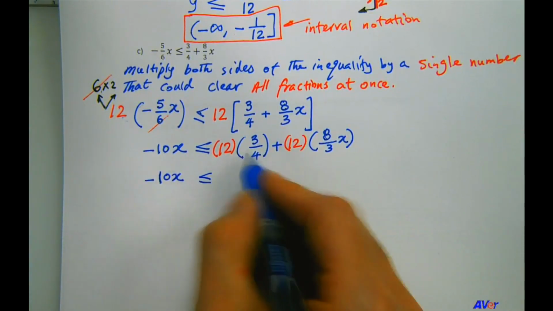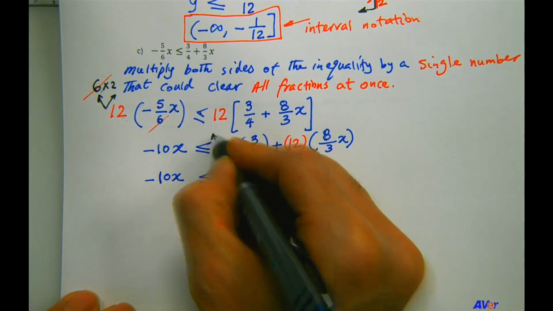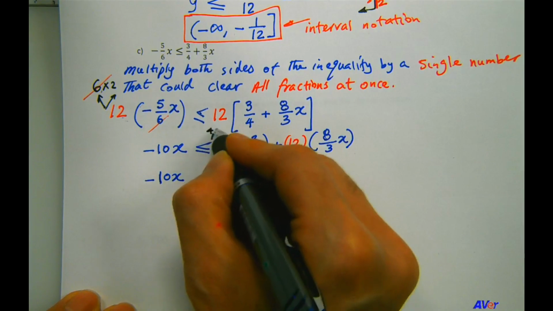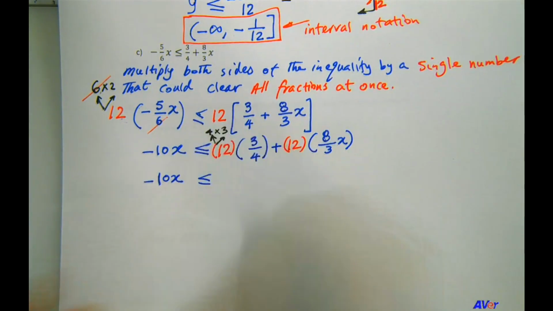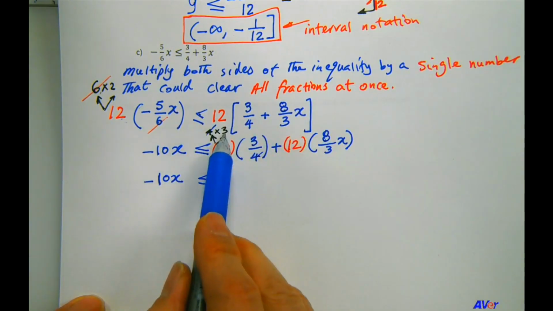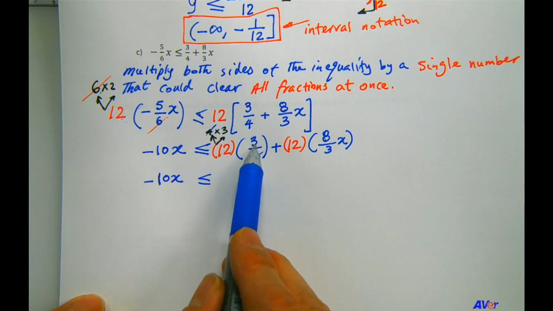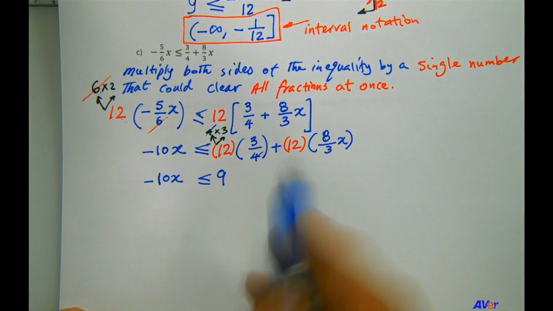On the right, 12 has factors 4 times 3, right? So this 4 and this 4 cancel each other out. We are left with 3. 3 times 3 is 9. So 9 here.